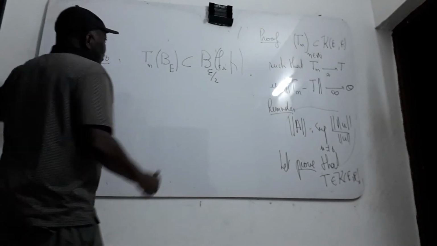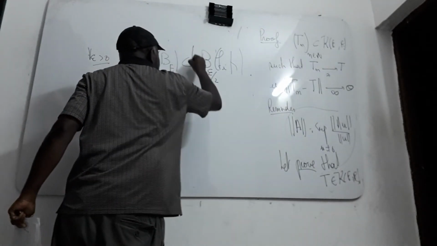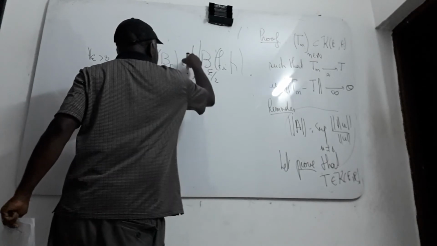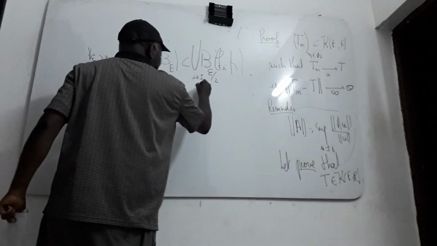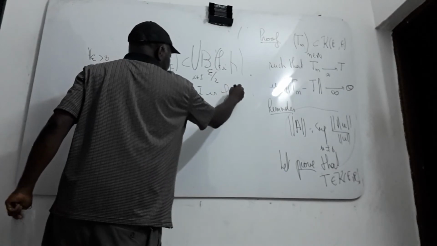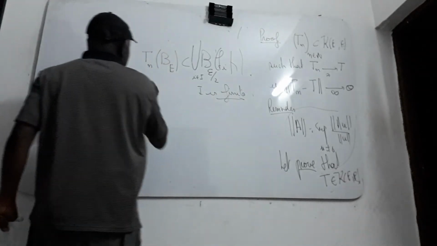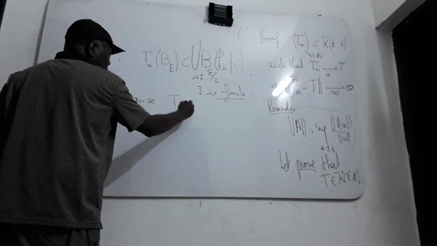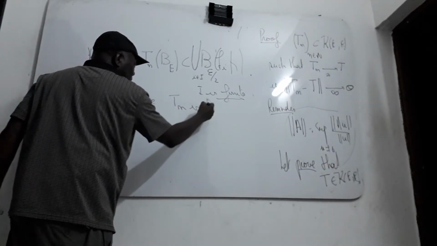You take the union of these, when E is finite, because Tn is compact.